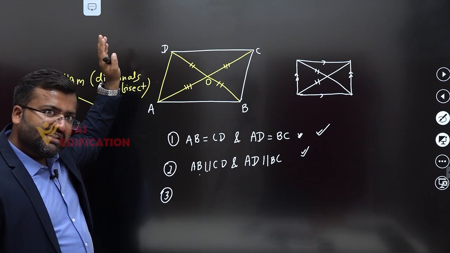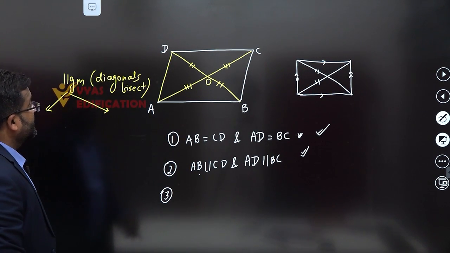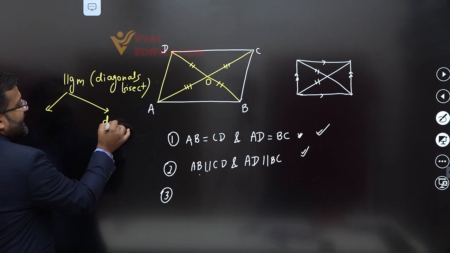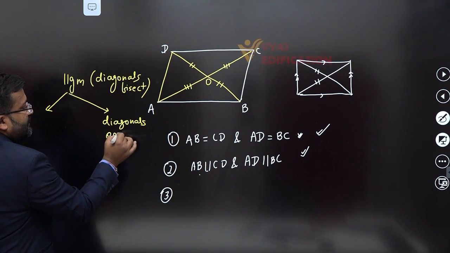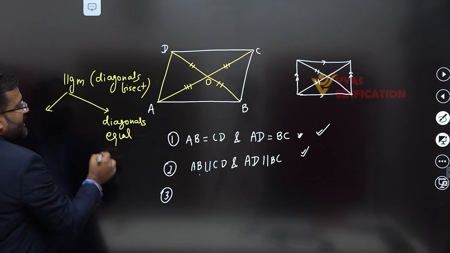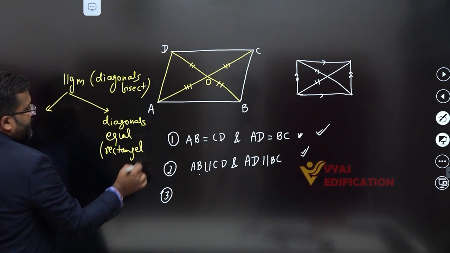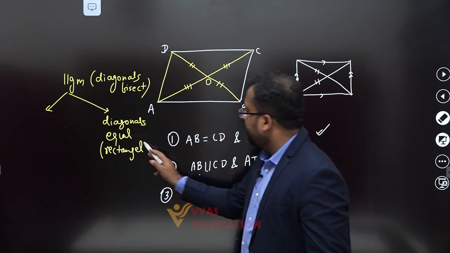Kite, diagonals do not bisect. What about square, rectangle or rhombus? Yes, rhombus comes after this. Diagonals bisect. If the diagonals become equal as well, you get a rectangle. From a parallelogram, you reach the level of a, what do you call, a rectangle.